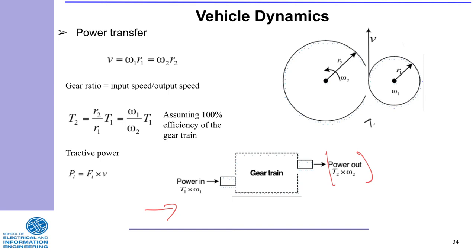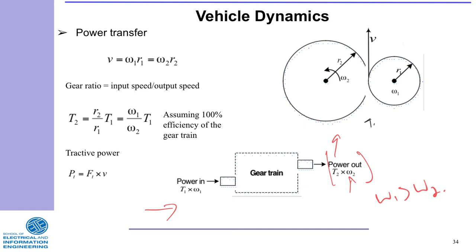Your engine generally will have higher rotating speeds compared to the output. So generally your omega 1 will be greater than omega 2, because of the gears. But because omega 2 is less, you are actually able to increase T2, the tractive torque, because of the conservation of energy.